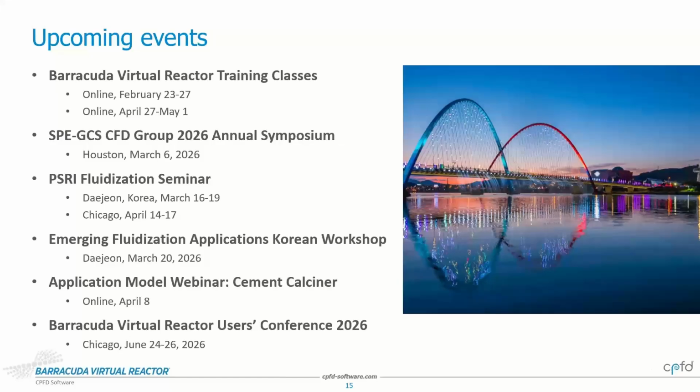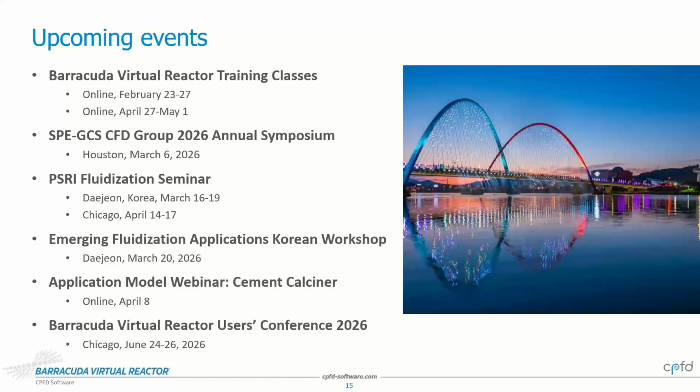And then finally, last but not least, our users conference, which is held every other year, is coming back to Chicago this year. Details to come with regards to who's speaking and other events, but the users conference is set up and ready to go. Highly recommend that everyone attend this. It's not just for experienced users of the software.